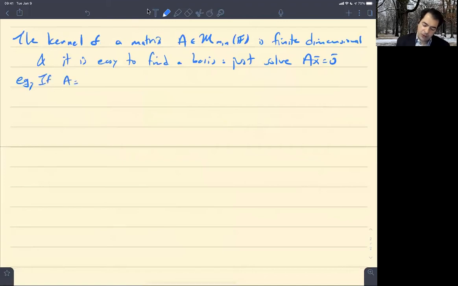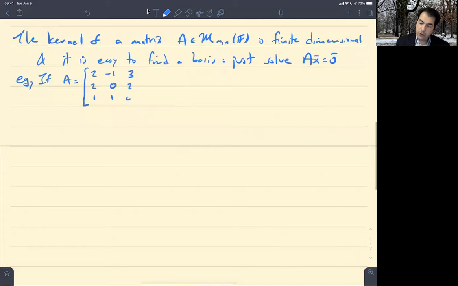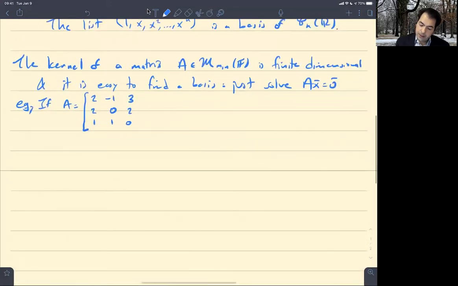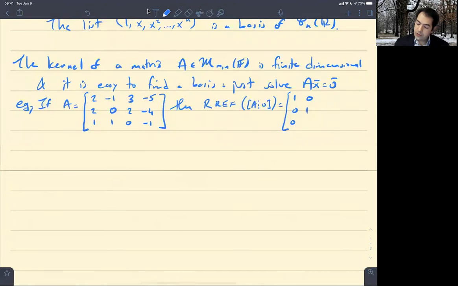So if you take the matrix with columns 2, 2, 1, minus 1, 0, 1, 3, 2, 0, and minus 5, minus 4, minus 1, then the reduced row echelon form, when you've augmented with the 0 column, is the matrix with columns 1, 0, 0, 0, 1, 0, 1, minus 1, 0, minus 2, 1, 0, and then 0, 0, 0.